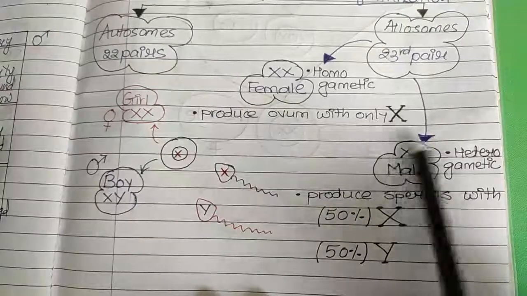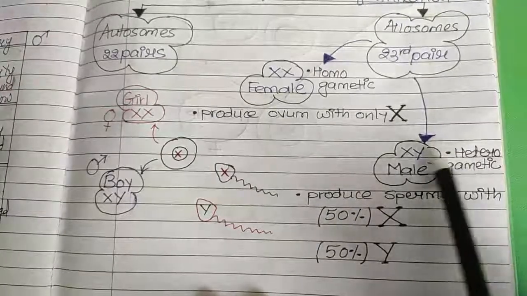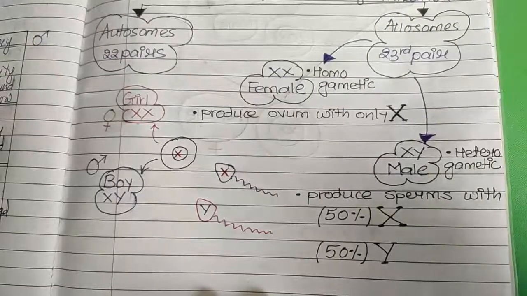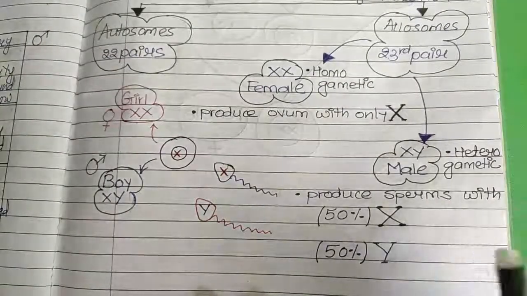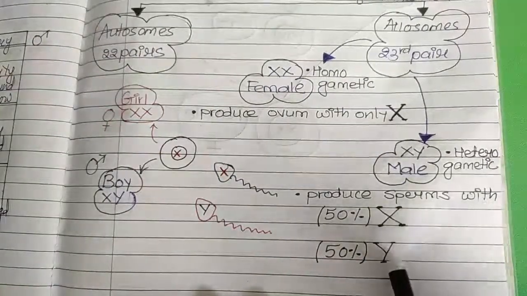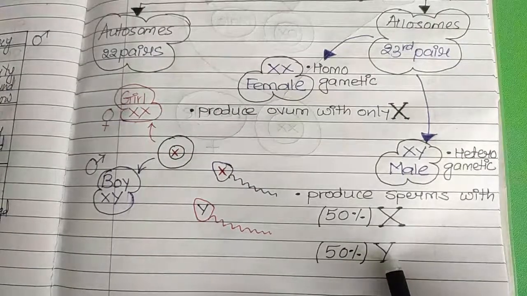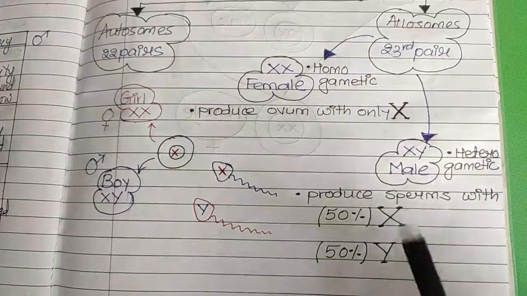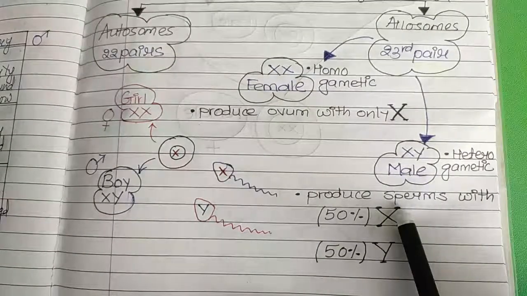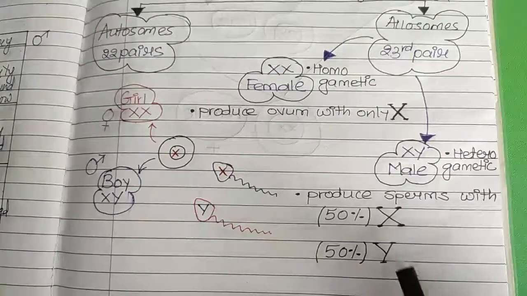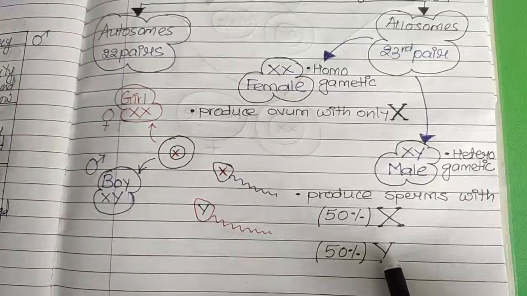So in the male it is the heterogametic condition. Heterogametic means the gametes contain both the chromosomes in the ratio of 1:1, or we can say 50-50%. 50% of the sperm cells in the male contain the X chromosome, and the other 50% of the sperms contain the Y chromosome.